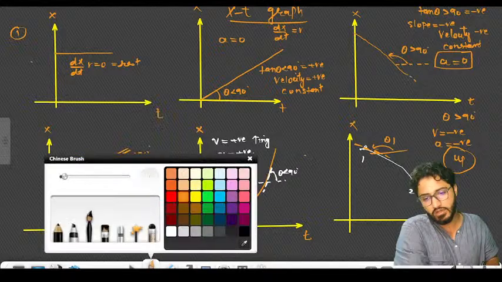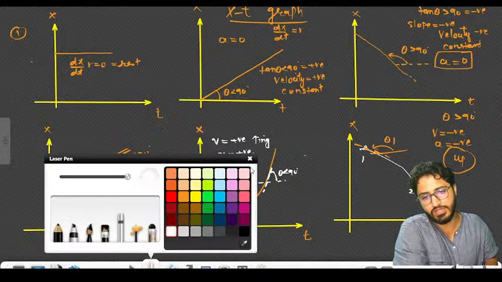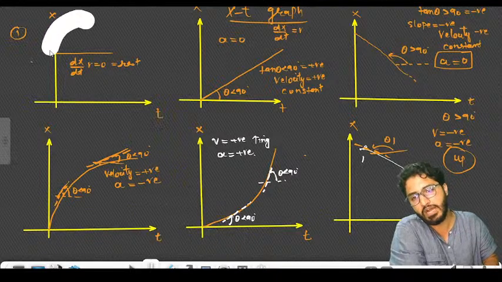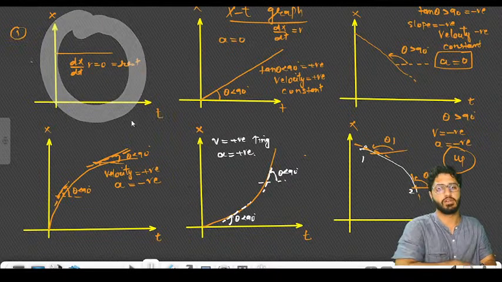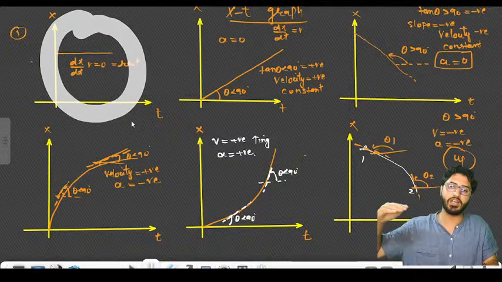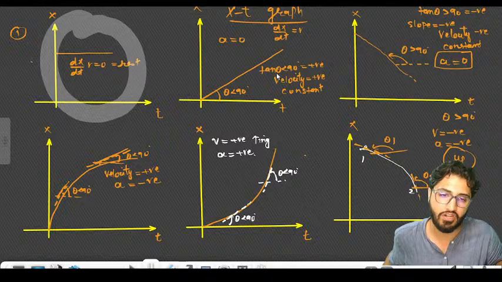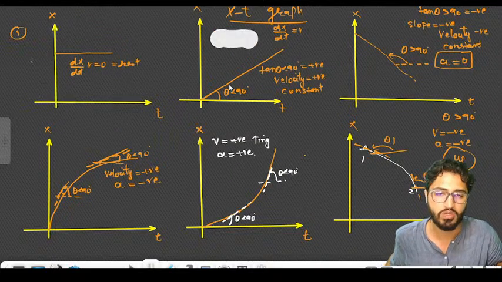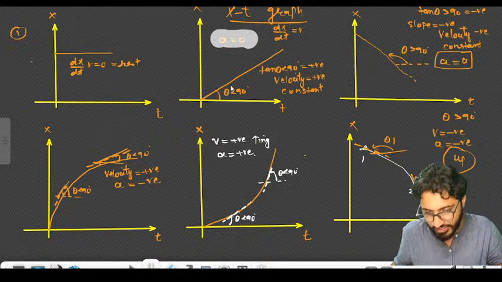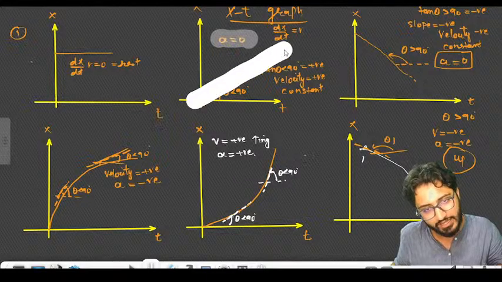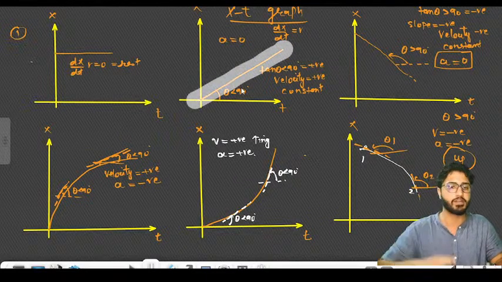Now what you need to remember is, if the particle is at rest, the line should be like this. If my acceleration is 0, my line should pass like this. Just remember it.